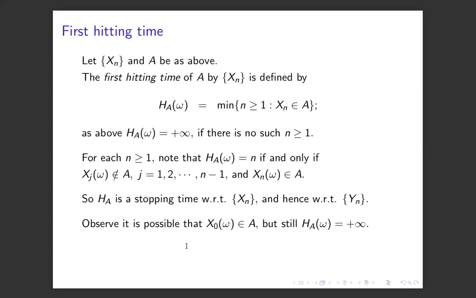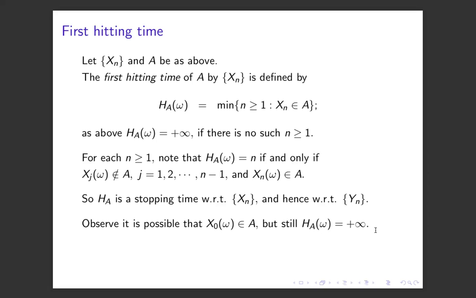So note that it is possible for x0 omega to be a member of A, but still H sub A of omega equal to plus infinity. For example, you can easily construct a transition probability matrix. Let us say the state space is 1, 2, 3, 4, 5, and once it starts from 1, let us say it goes to 2. The first column, corresponding to 1, has all entries 0, which means from nowhere you can go to 1.